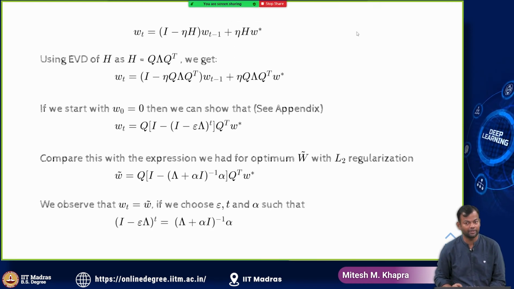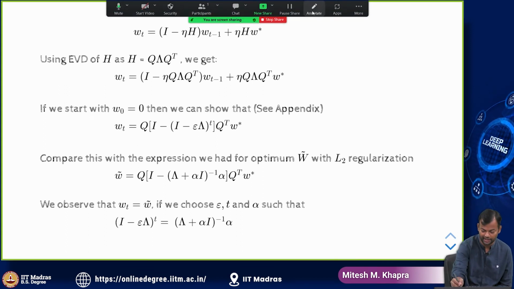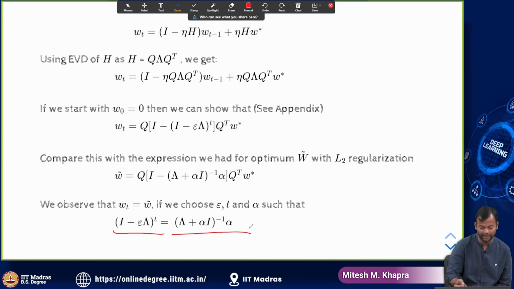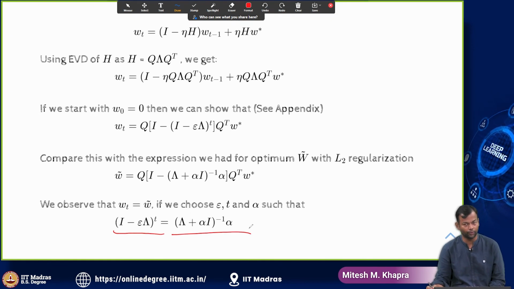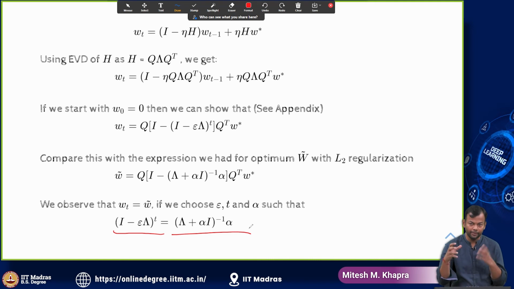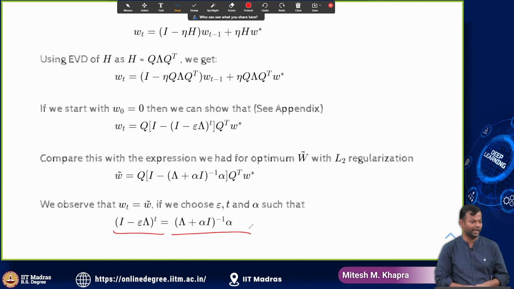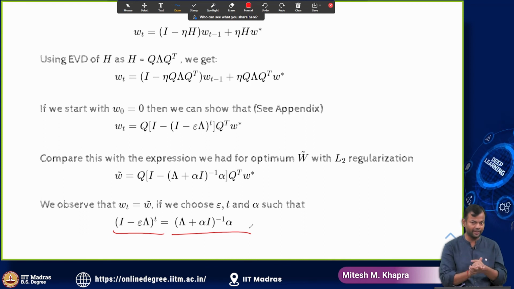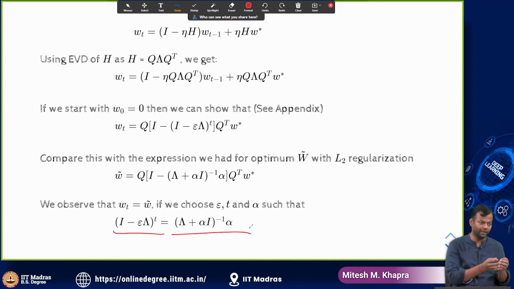If you choose the values of epsilon, t and alpha such that this condition is satisfied, then the two formulae actually become equivalent, right? So there is some condition under which L2 regularization is actually equal to early stopping. So we showed it using this derivation, and we also saw it intuitively, right, that what you're doing is you're limiting the number of updates.